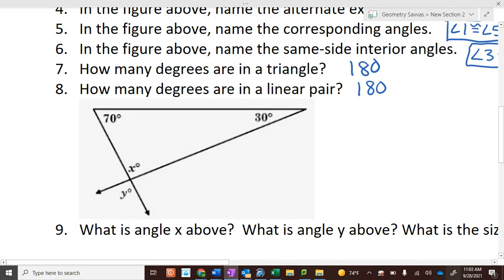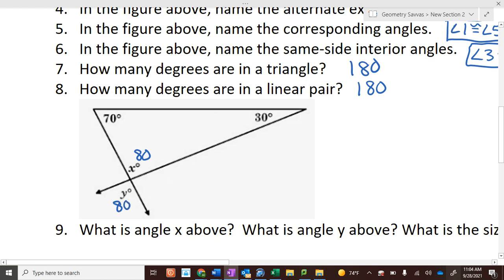So in this triangle, how big is angle X? 80. Because there's 180 degrees in a triangle, 30 and 70 make 100. So there's 80 left for this. So what's angle Y going to be? It's a vertical angle, so it is 80.